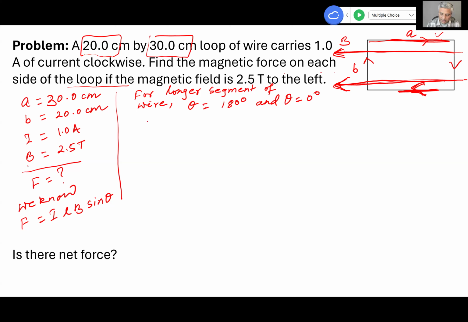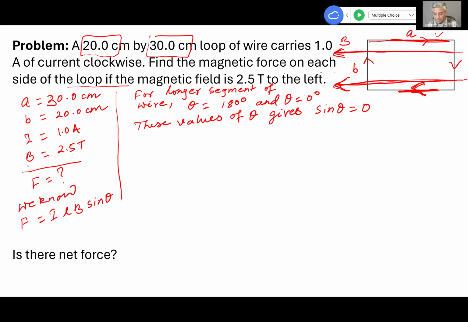So that means these values of theta give sine theta at 0.